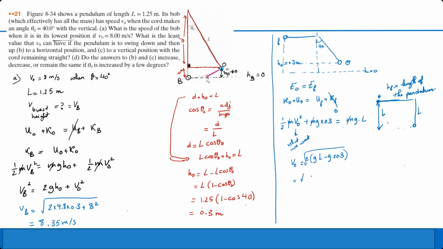This will look like that: radical of 2 times 9.8 times L, which is 1.25, minus 0.3, equals, so this will be 4.33 meters per second.